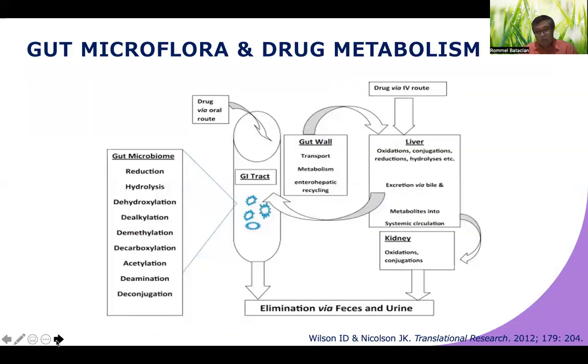Okay. So as I mentioned earlier, gut microflora can also be involved in drug metabolism. Remember, the human gut is home to a diverse community of microorganisms, the gut microflora, which has various physiological roles. One, of course, would be protection against pathogenic microorganisms.